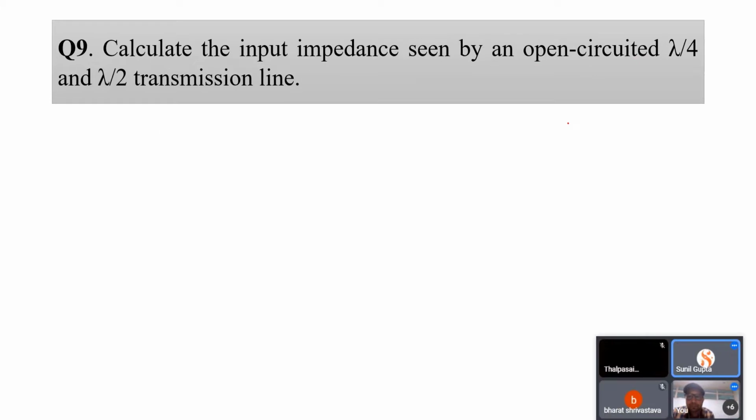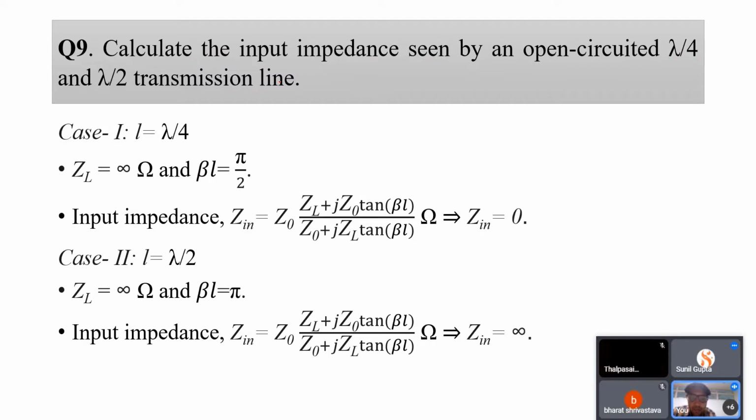Okay. So the next question is: calculate the input impedance seen by an open circuited line of lambda by 4 and lambda by 2 length of the transmission line. The procedure remains the same as we have seen in the earlier question.